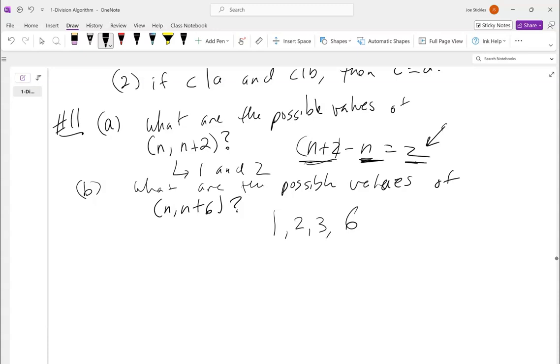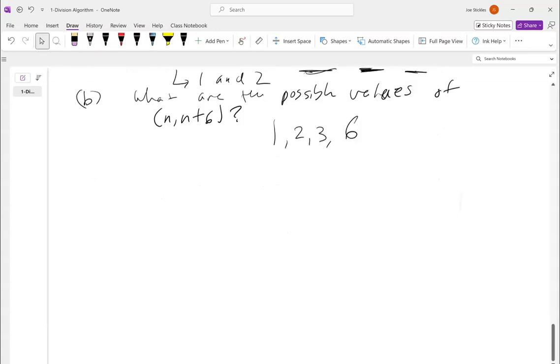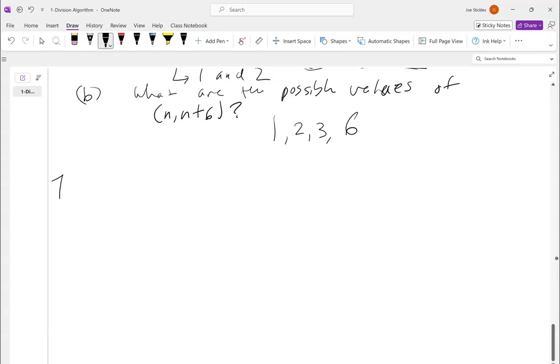Okay. All right. So one other important concept for the GCD is the idea that we can write the GCD as a linear combination. So this is a theorem. Let A and B be integers, again, not both 0.